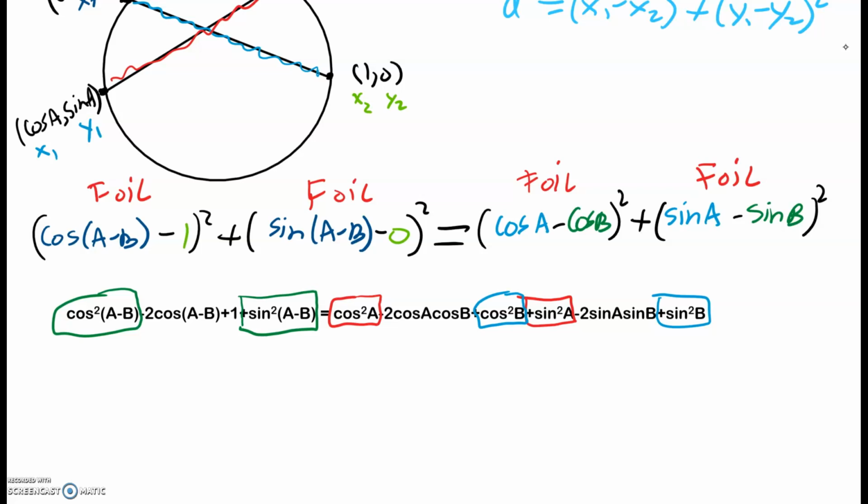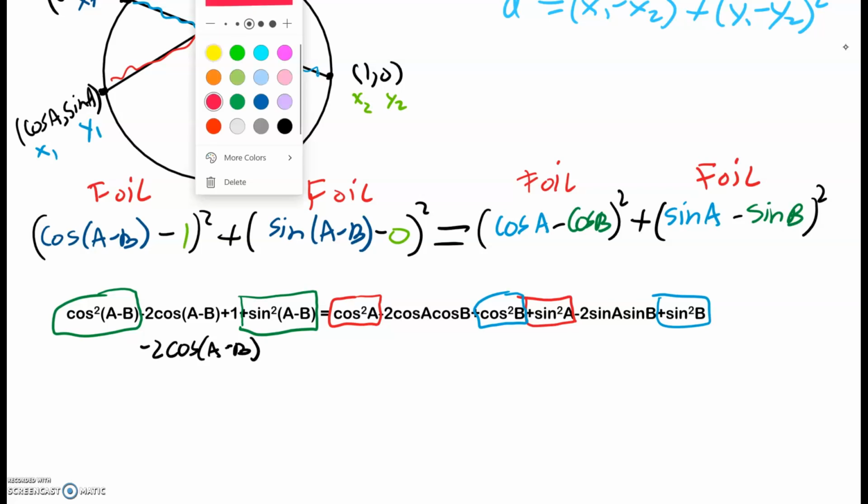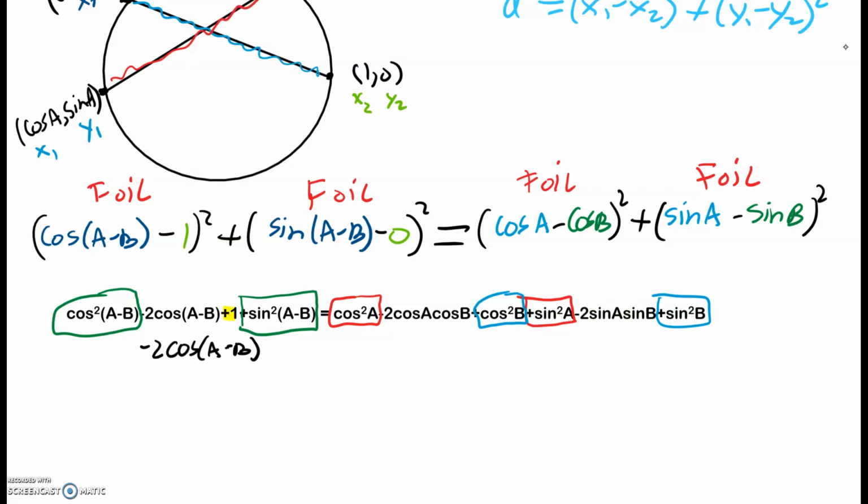So what am I left with here? I'm left with a negative 2 cosine of A minus B. And notice I already have a plus 1 right here, I have a plus 1 right here, plus the encapsulated green. That's actually going to give me a plus 2.